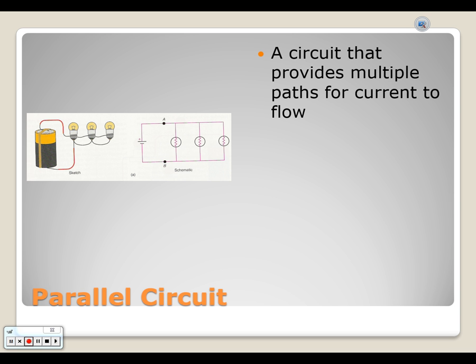That happens at every cash register. So every path in the parallel circuit has to provide a way for charges to go from high potential energy to low potential energy. Because that's what a circuit does. Every path has to turn high potential energy into low potential energy.